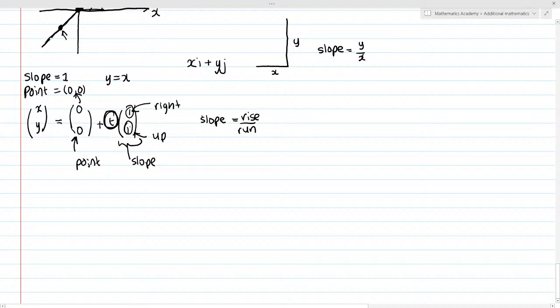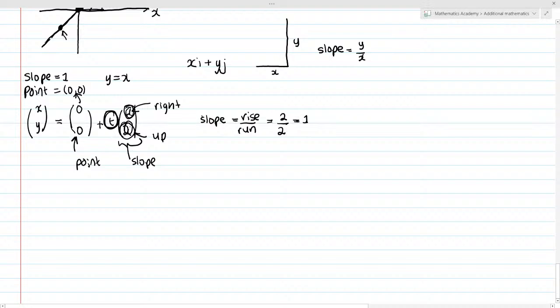Now, you could tell me here, okay, Ahmed, can't I put a 2 here and a 2 here? Well, yes, you can. If you put a 2 here and a 2 here, you will get a rise of 2, and you'll get a run of 2. And since the slope is rise over run, in this case it will be 2 over 2, which will also be 1.